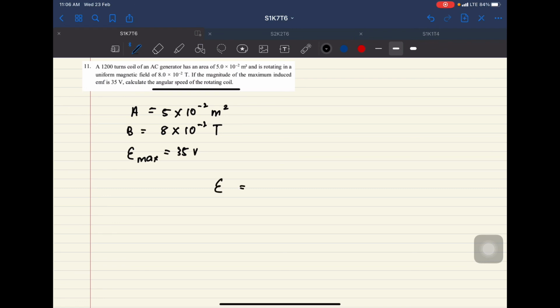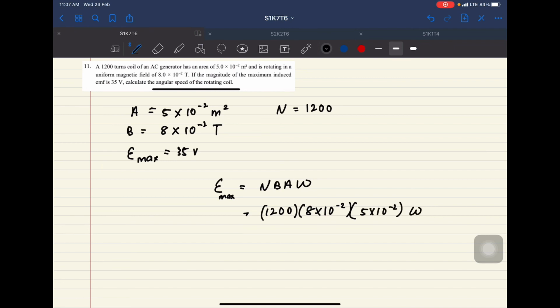It shouldn't have any problem. This one is max, so we can ignore the sine behind there. So numbers of turn is 1200. Magnetic field 8 times 10 negative 2. Area is 5 times 10 negative 2. They want to find the angular speed.